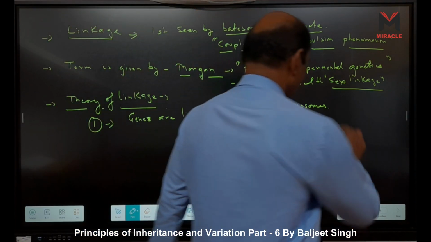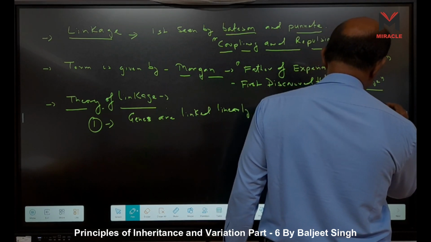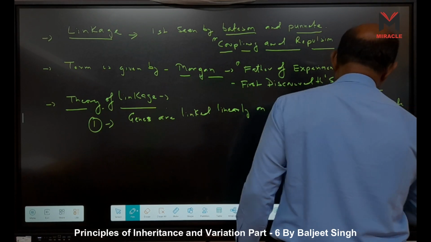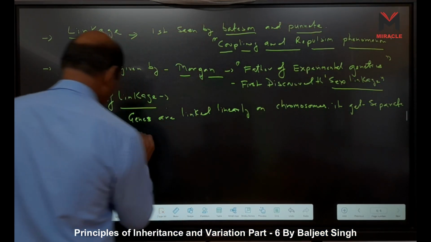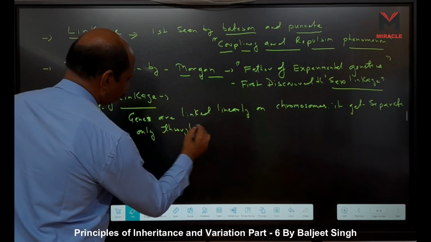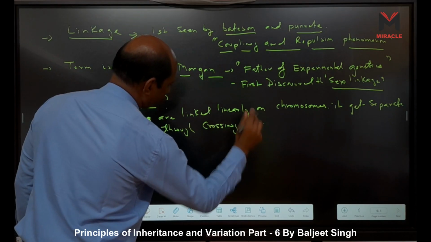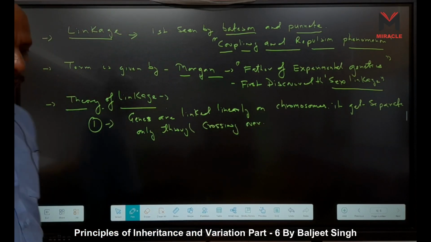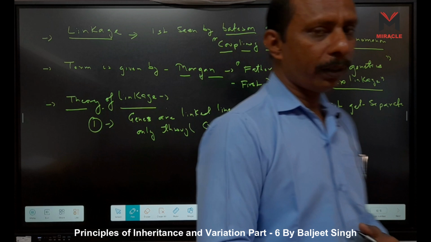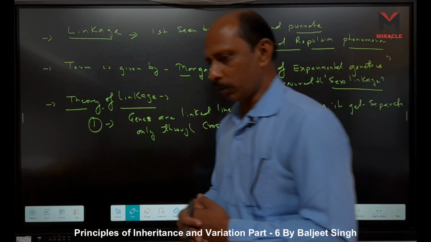And they get separated only through crossing over. Crossing over is the process in which genes can exchange between homologous chromosomes.